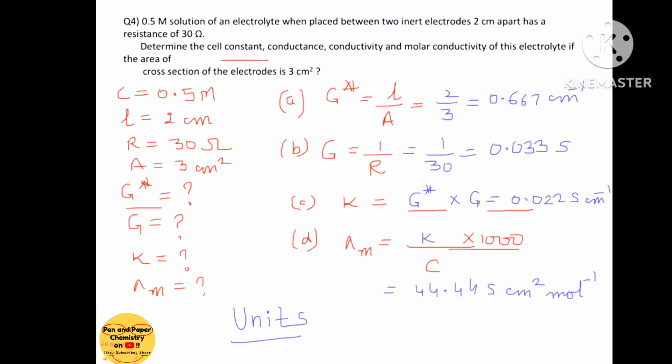Conductance is 0.033 Siemens. That's the reciprocal, which we also introduced as per ohm. It's Siemens. You can also write the short form as S. Then we have conductivity, that is 0.022 Siemens per centimeter. Molar conductivity is 44.44 Siemens centimeter square per mole.